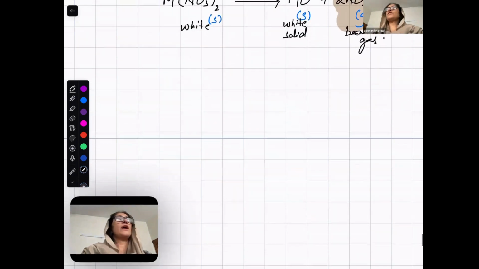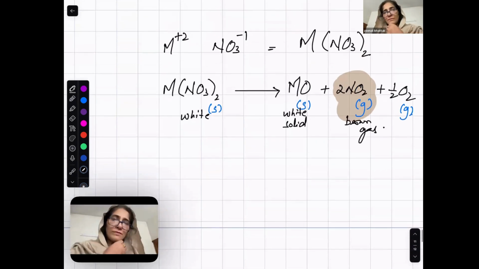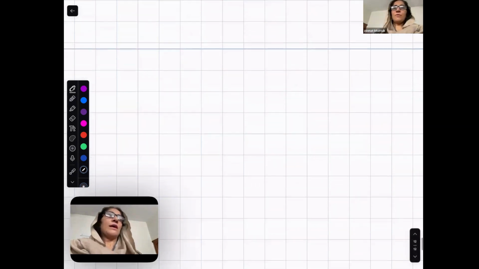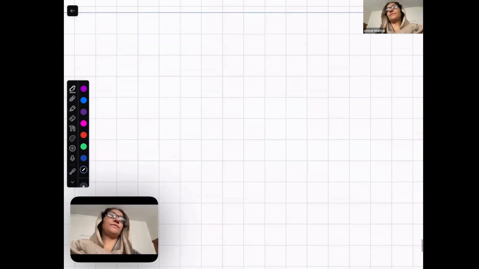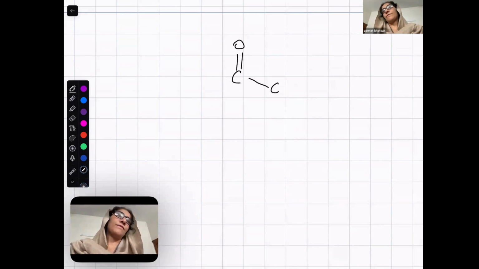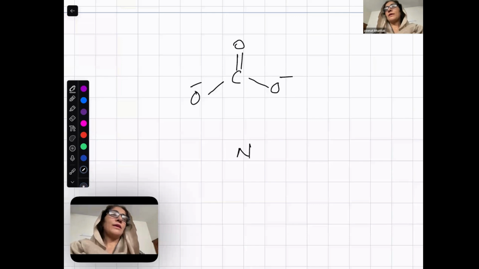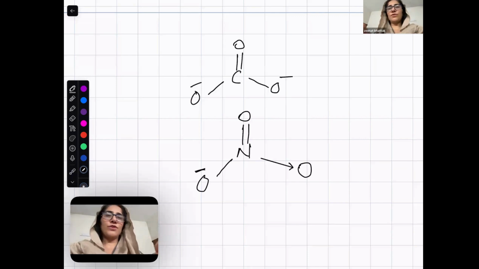Now, how does the decomposition occur? You can see it. Carbonate is this way. But nitrate is N double bond O, one is dative and one is O negative.